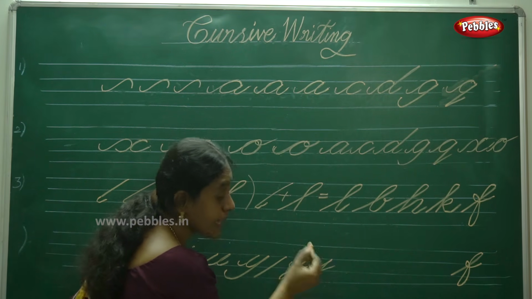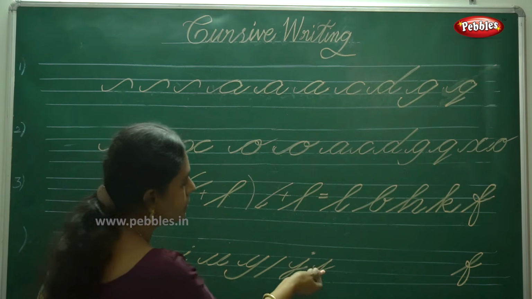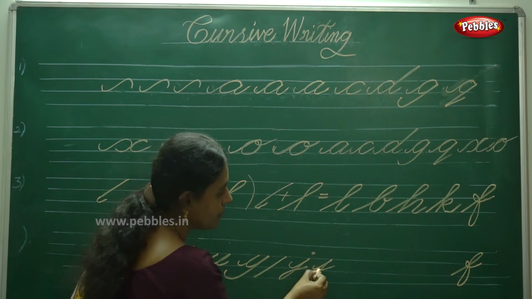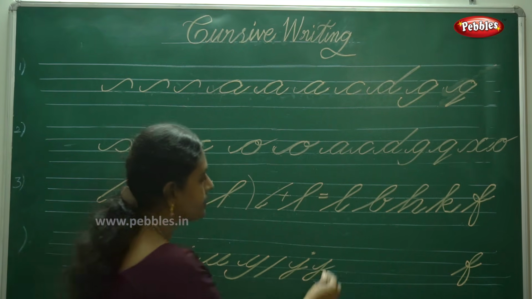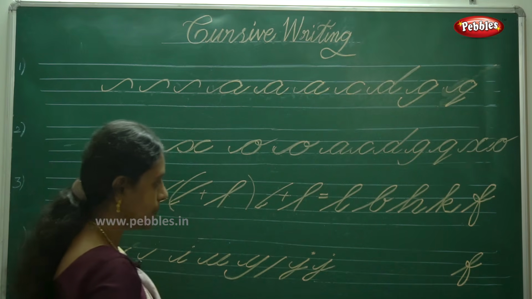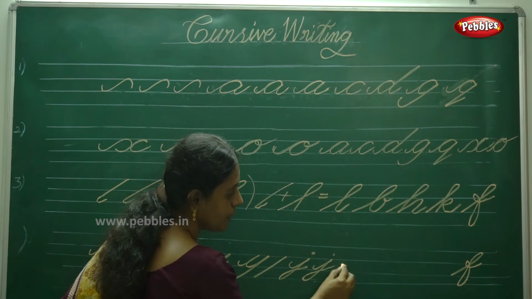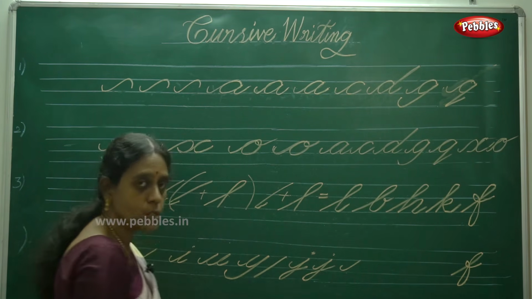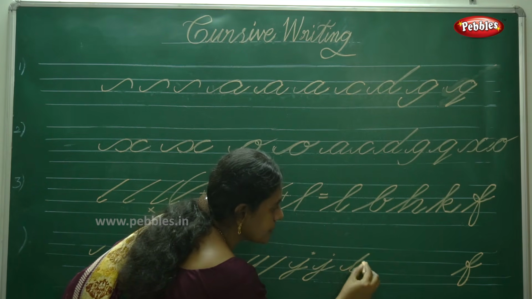This crossing is exactly at the bottom line only, it doesn't go upward or lower. Okay, exactly it crosses out at the bottom line. This is J. Okay, then next one is T. Okay, write the basic stroke, T.